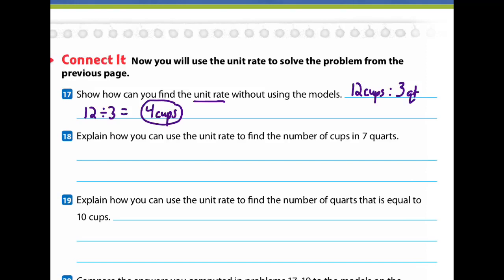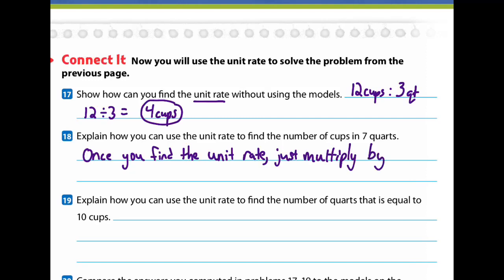Now, 18 says, explain how you can use the unit rate to find the number of cups in 7 quarts. Well, remember, once you find the unit rate, 4, you could just multiply that by whatever the quarts are. So for 18, I would say: once you find the unit rate, just multiply by the number of quarts.